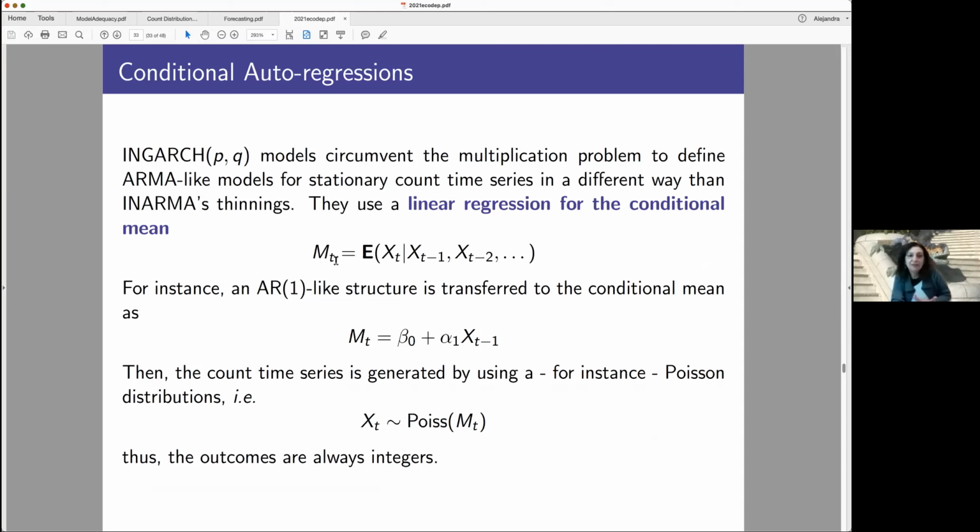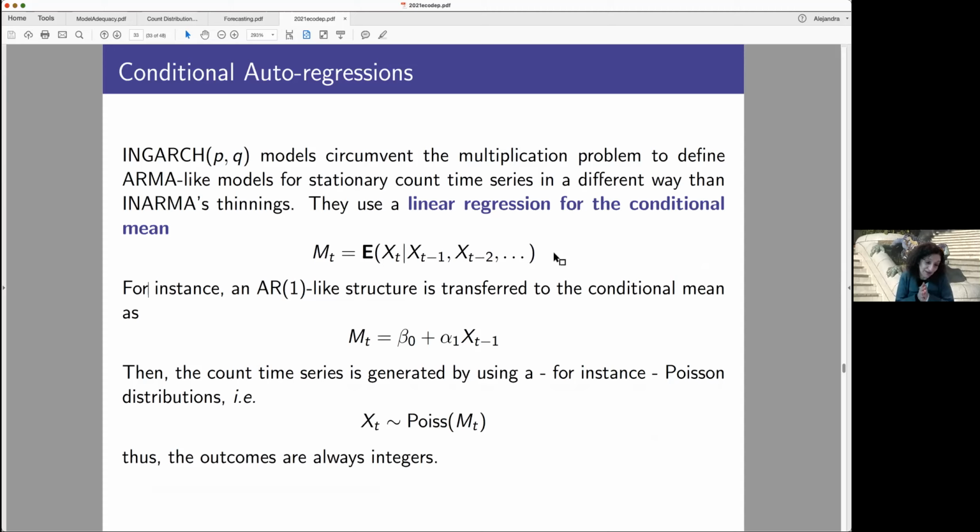We are modeling the conditional mean the same way that ARCHes and GARCHes model conditional variances. So maybe INGARCH is not such a good name. I say that the name is not the one that people usually use, but I'm going to use it.